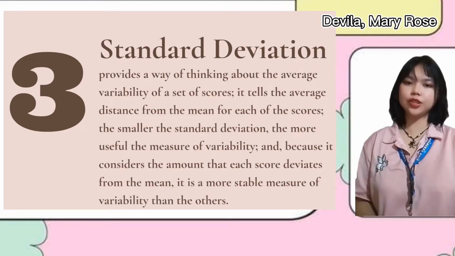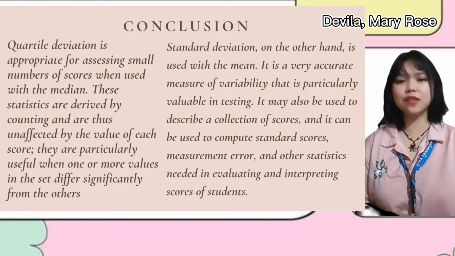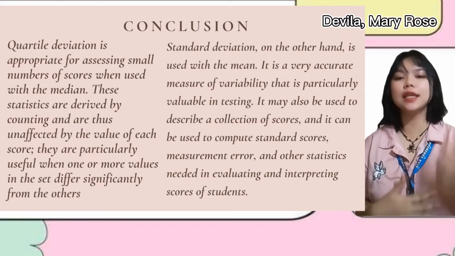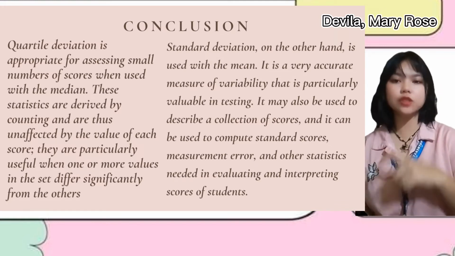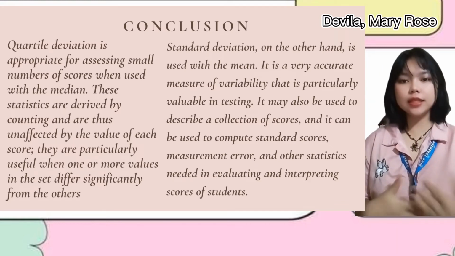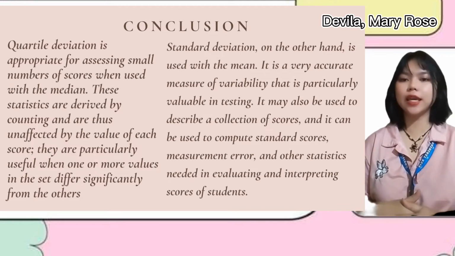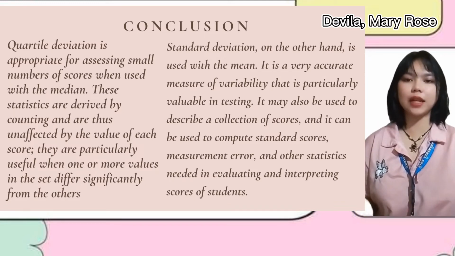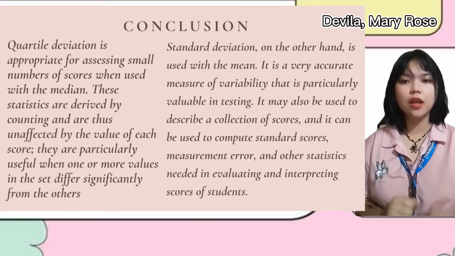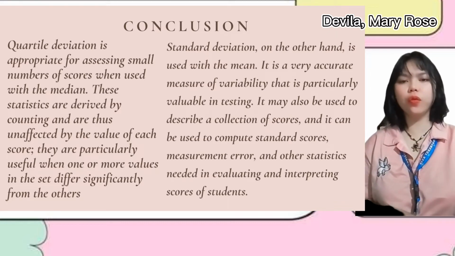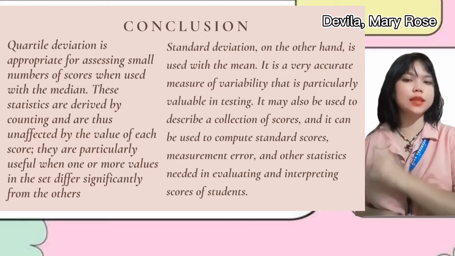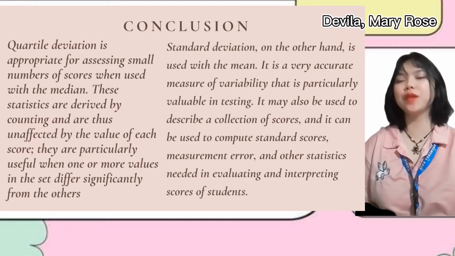In conclusion, the quartile deviation is appropriate for assessing small numbers of scores when used with the median. These statistics are derived by counting and are thus unaffected by the value of each score. They are particularly useful when one or more values in the set differ significantly from the others.